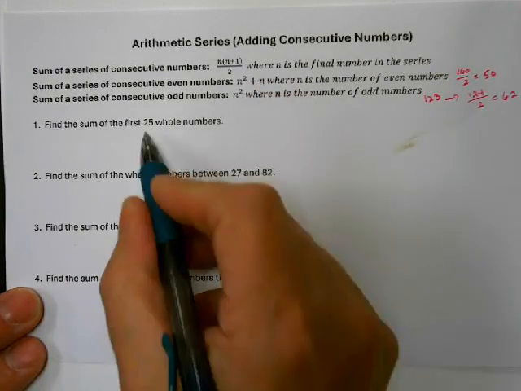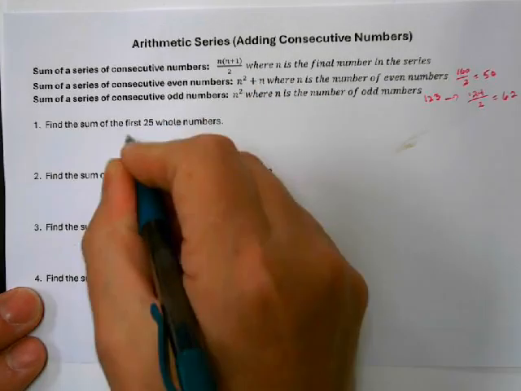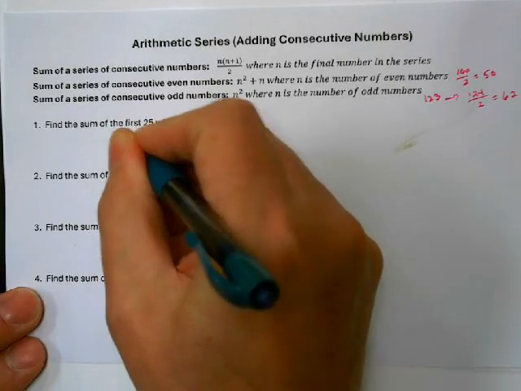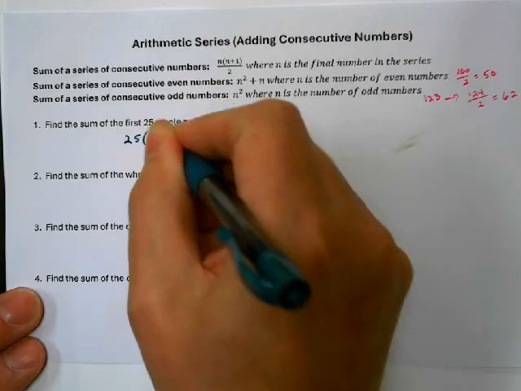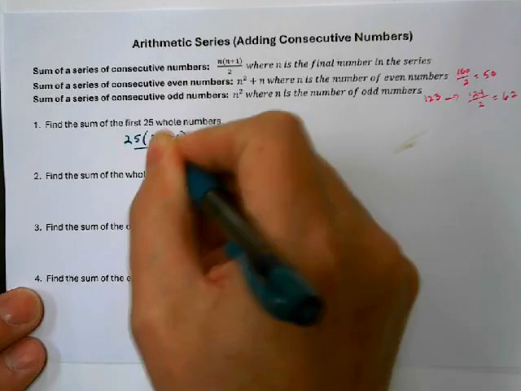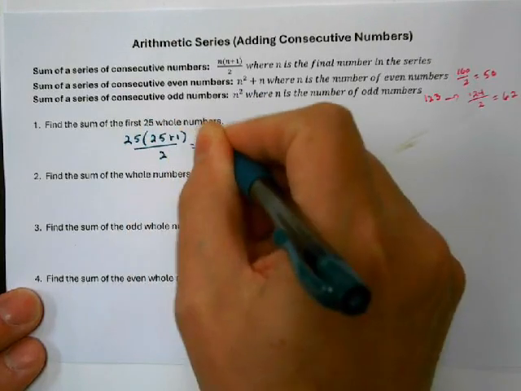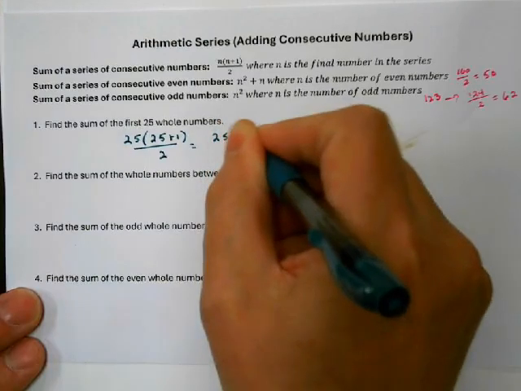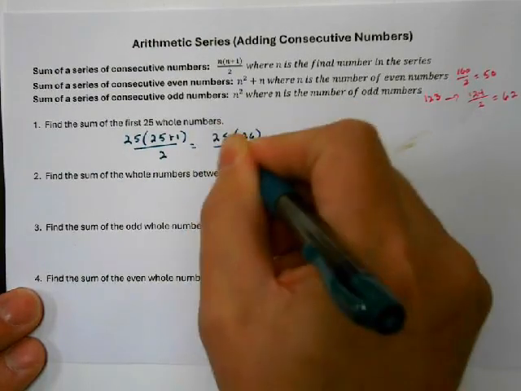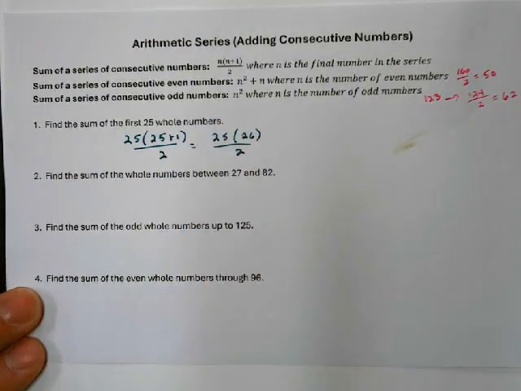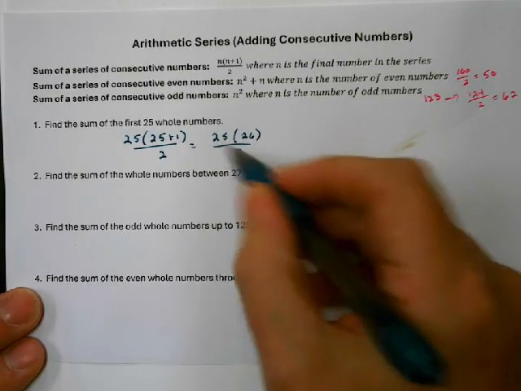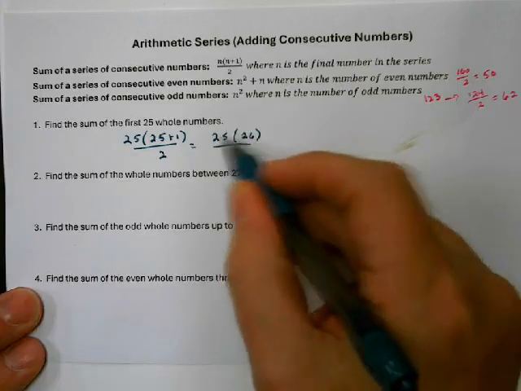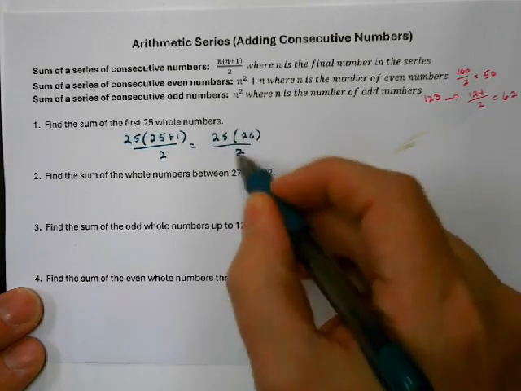So plugging it in to our formula, we've got 25 times 25 plus 1, all divided by 2. So this is 25 times 26 divided by 2. Now, since I can't use a calculator here, I'm going to simplify by reducing one of these by 2. Since these are factors of each other, I can just reduce one of them.